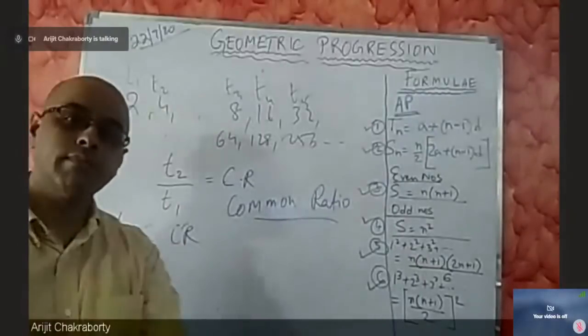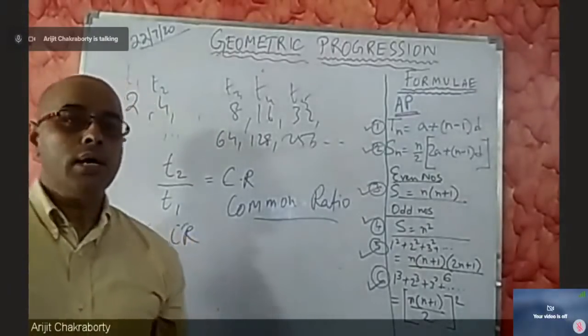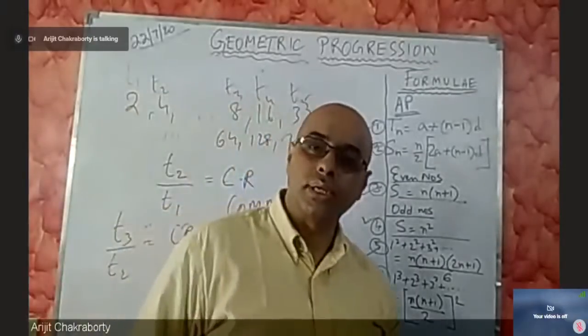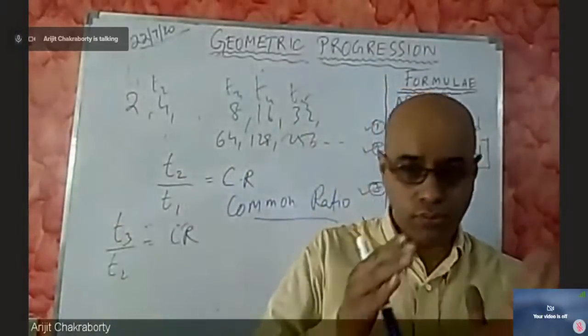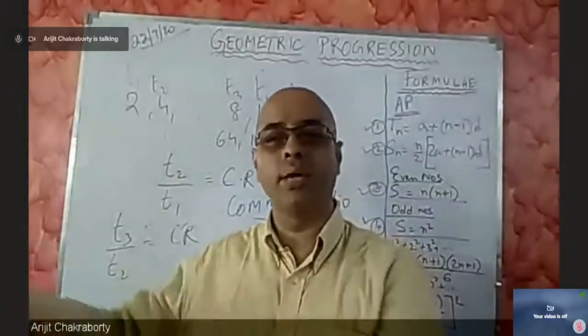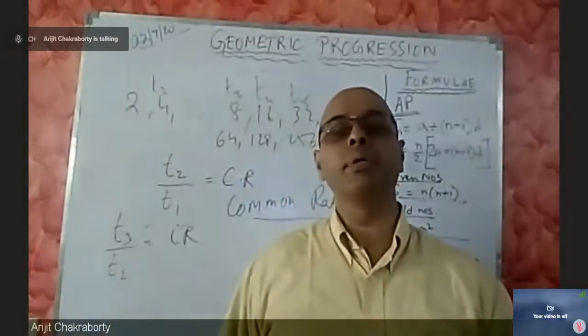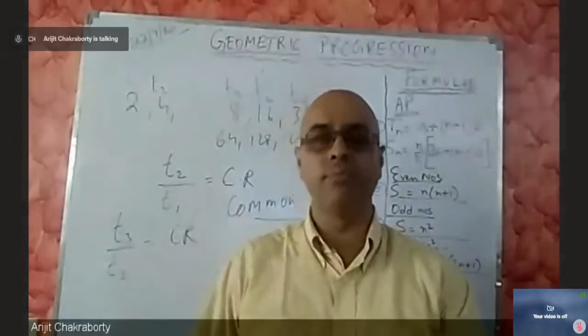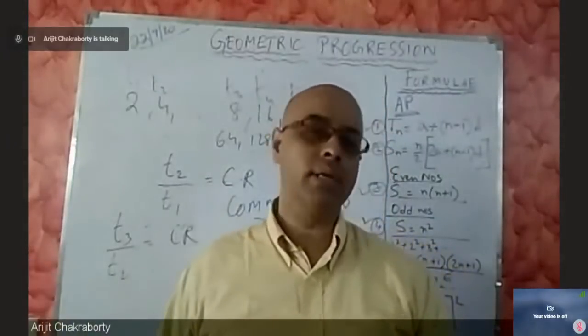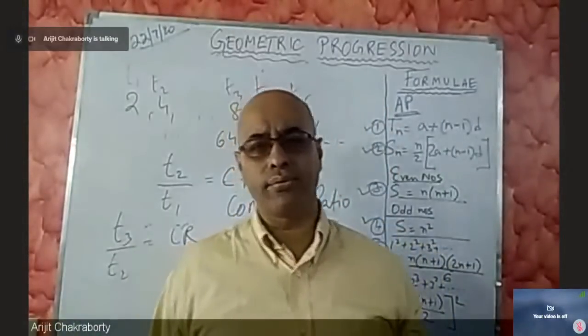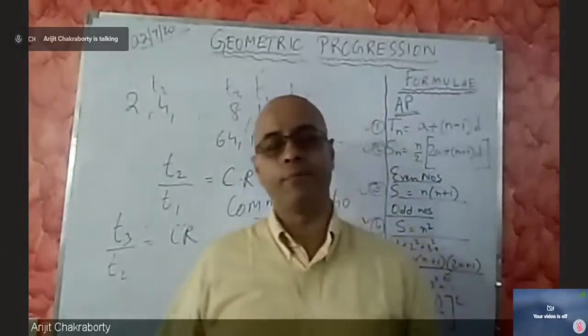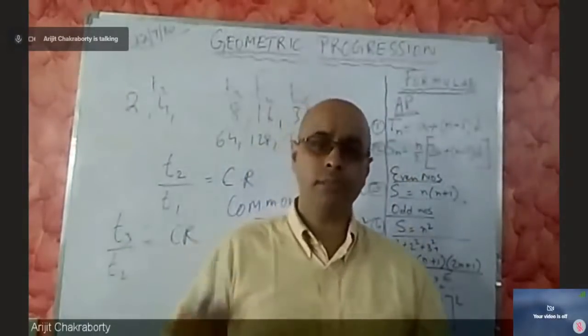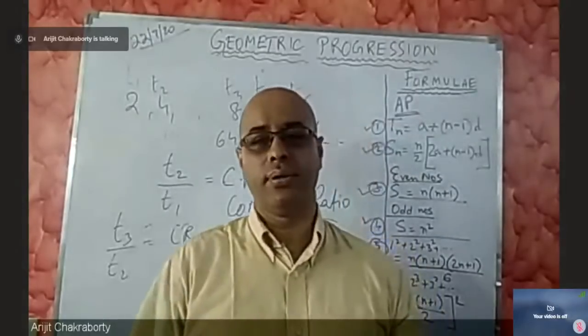But, please remember, in case of AP, common difference was constant. Say 5, 10, 15, 20, 25, if you go on. Multiples of 5. Is it an AP or a GP? It is an AP because the common difference is 5.